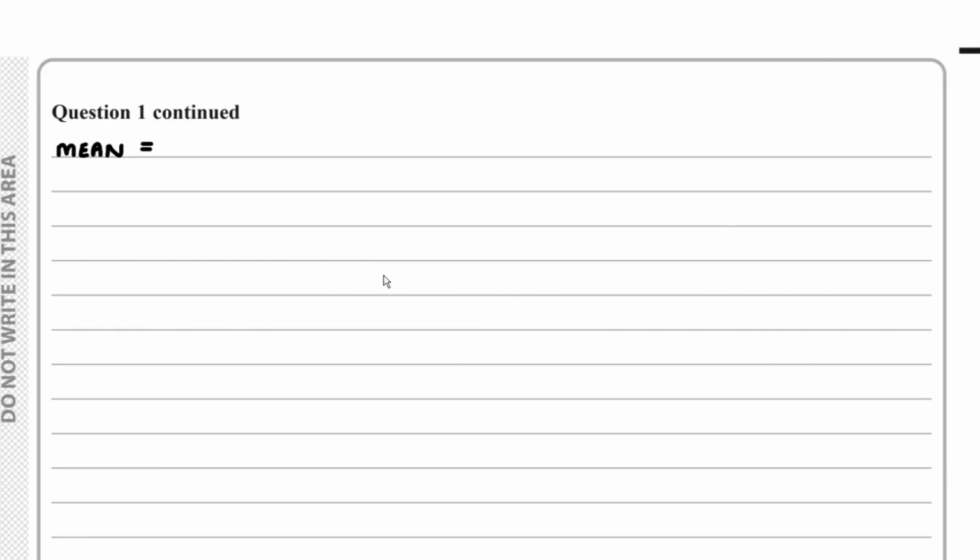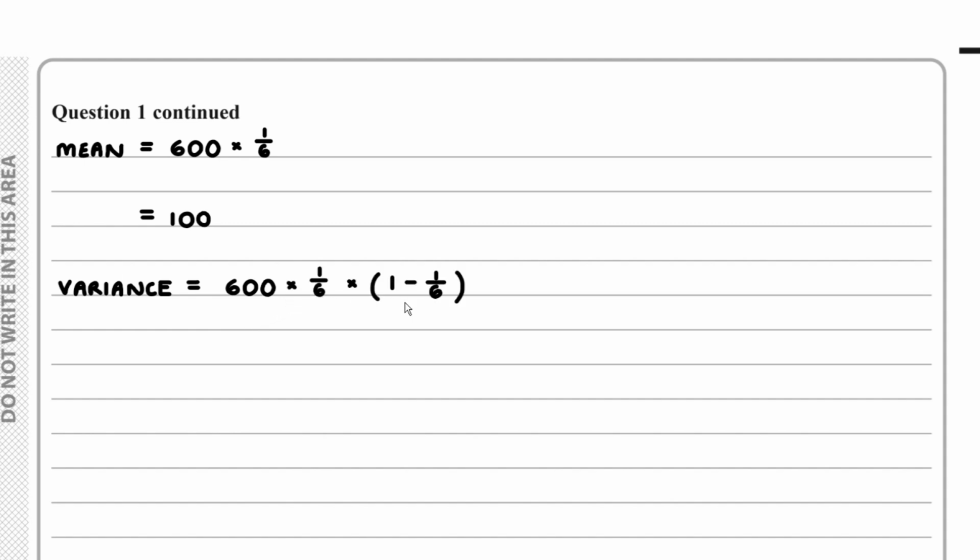So the mean is given by 600 multiplied by 1/6, which is 100, and the variance is given by 600 multiplied by 1/6 multiplied by 1 subtract 1/6, and working this out, we get 250/3.